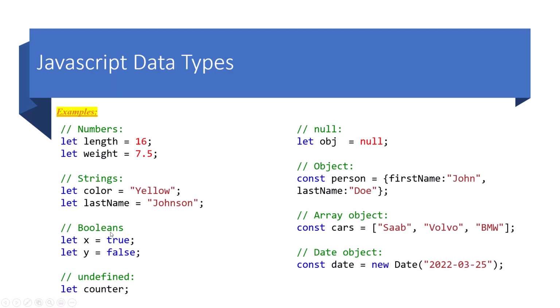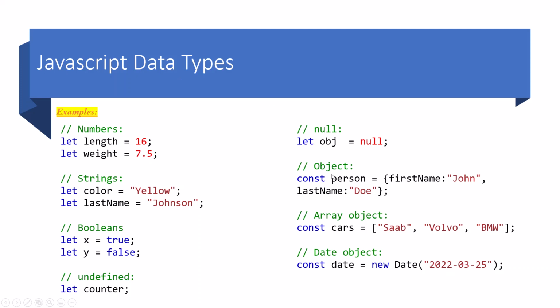Same for booleans. Let x is equal to true, so it will take this data type as boolean, and y is equal to false, same. Then undefined. We are not defining any value to the variable, so it will define the data type for that variable as undefined. Next is null. You need to give the value as null for the variable, then it will assign the data type as null.